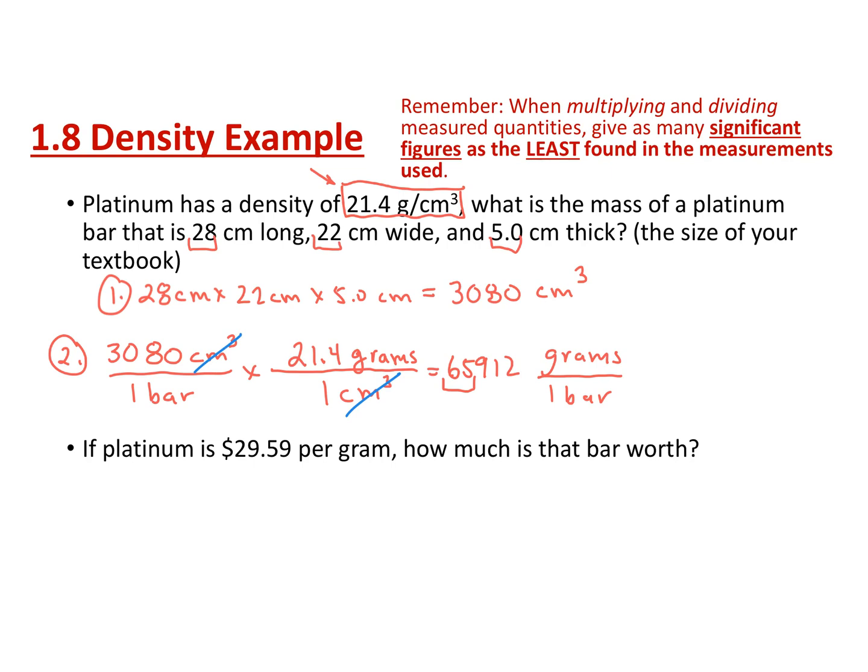Well, 9 is greater than 5, so I need to round that up. So I would report the final answer as 6.6 e to the 4th grams per bar, or 6.6 times 10 to the 4th grams per bar. That would be the correct answer to 2 significant figures.